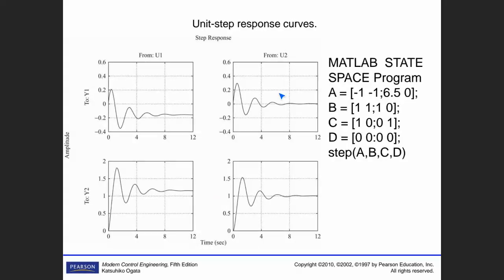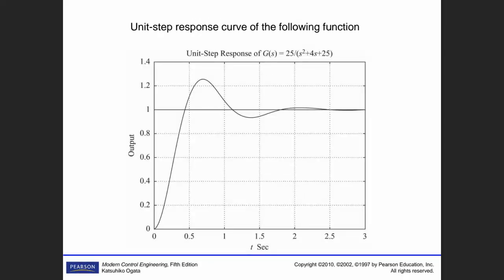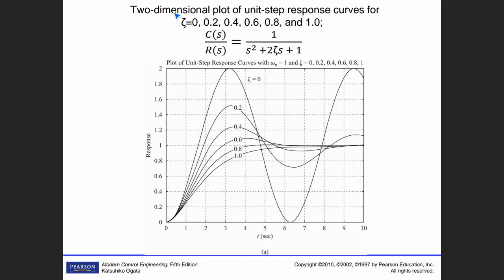However, the MATLAB state space program easily gives you the responses of each input and output. I think I have done this for you. The unit step response curve. Just write the system and num den. It's all right. And that is a two-dimensional plot of unit step response curves. That is the equation, and if you change the zeta, you can draw the curves as well.